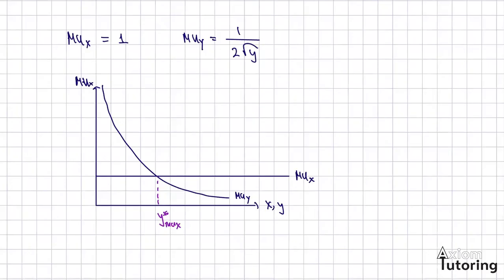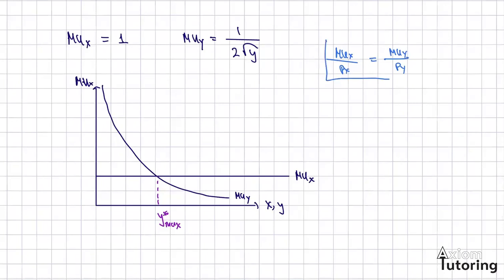So the way we would normally go about solving a quasi-linear, okay, we would first find the y max. So we set the marginal utility of x over the price of x equal to the marginal utility of y over the price of y, which in this particular case, because I've set prices to 1, will be simply equalizing the marginal utilities.